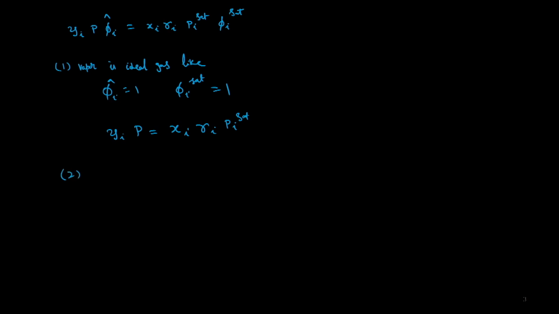And in addition to this, if we have an ideal solution, recall for an ideal solution, gamma i will be phi i hat over phi i hat for the ideal solution. And because it's an ideal solution in itself, both of them will be phi i hat ideal, or that ratio will turn out to be 1, which means y_i P is going to be equal to x_i P_i sat.